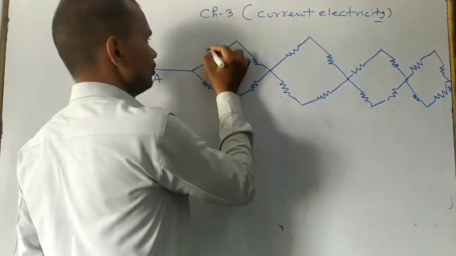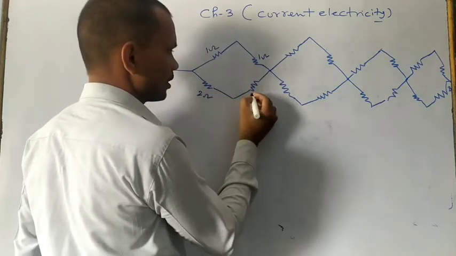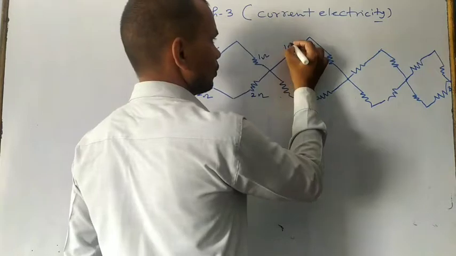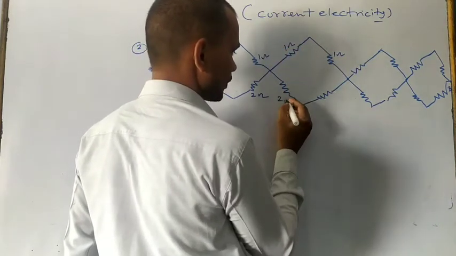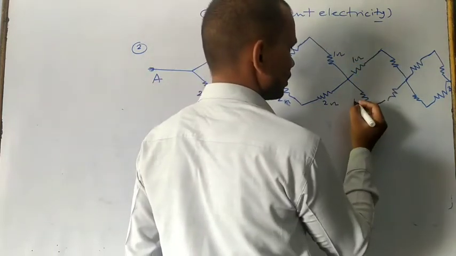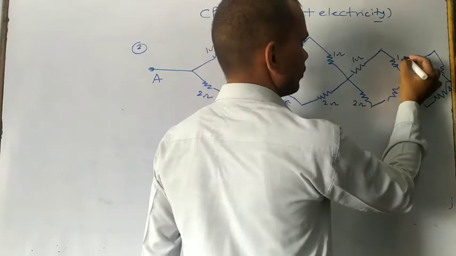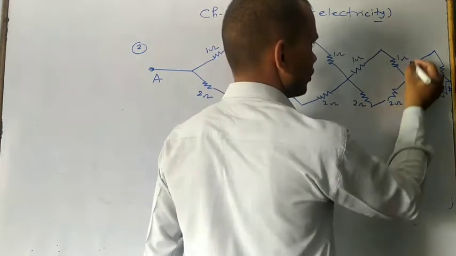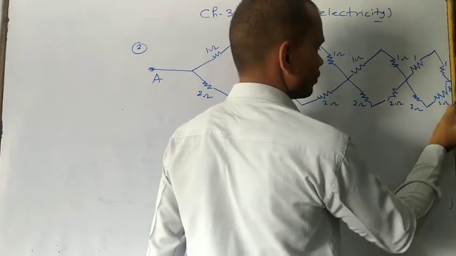Suppose this is 1 ohm, and this is also 1 ohm, this is 2 ohm, this is also 2 ohm, and so on, alternating across the network.